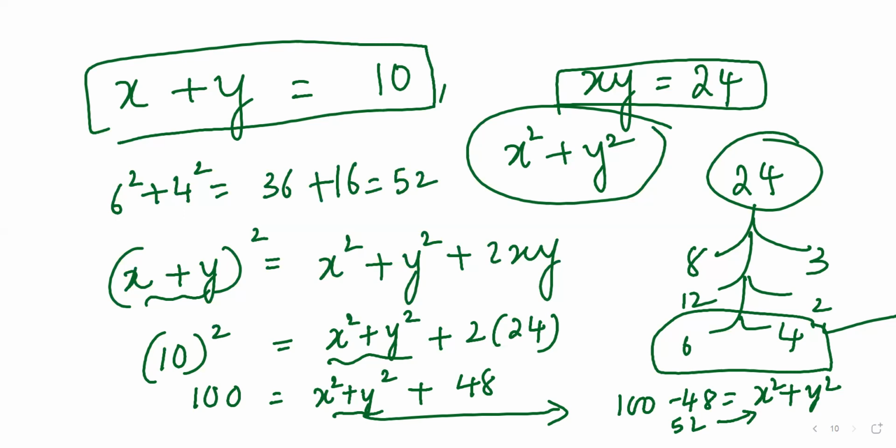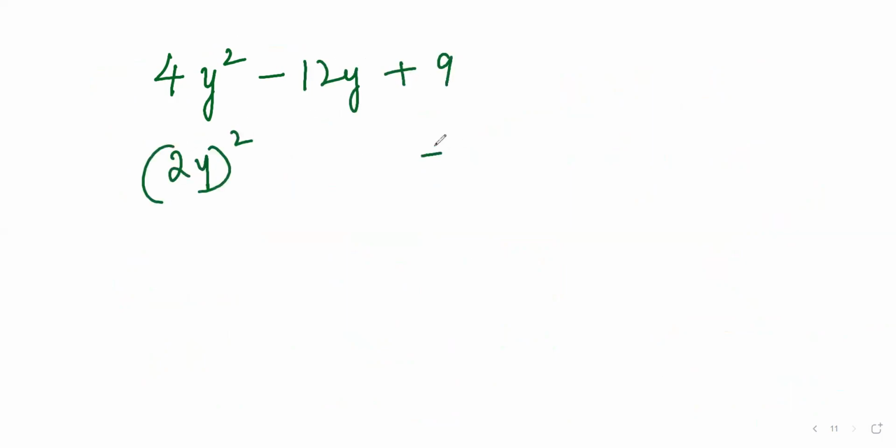Then coming to another question, again you can get an MCQ like this, a 1 marker, where I say 4y square minus 12y plus 9. Remember, it will be in the form 2y the whole square plus 3 square minus 2 into 2y into 3.